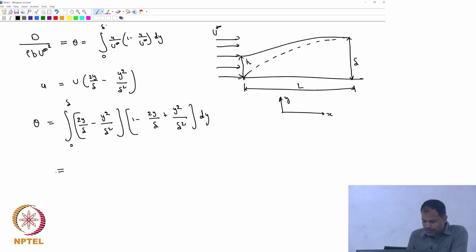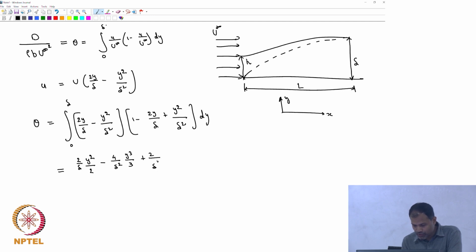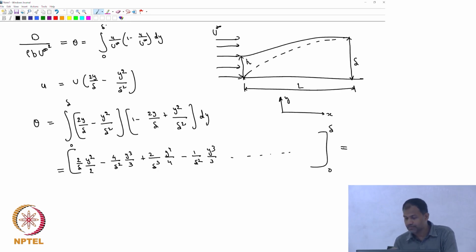You could go ahead, multiply and integrate: 2y by delta into y is y square by 2, minus 2 into 2 by delta square, y square, that's y cube by 3, then plus 2 by delta cube, y cube, that's y raised to 4 by 4, minus 1 by delta square, y square, that's y cube by 3, and so on. Keep doing all of them and apply your limit and see what you get. 2 by 15 delta.